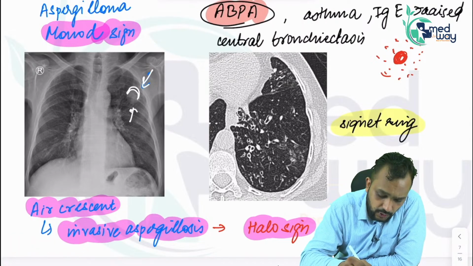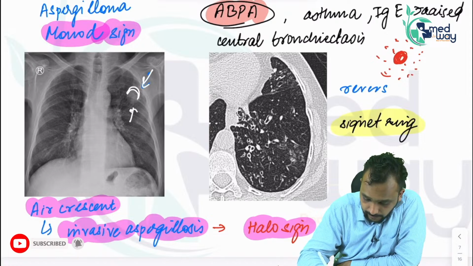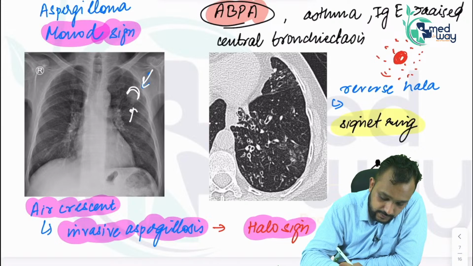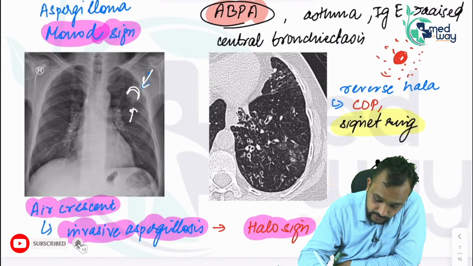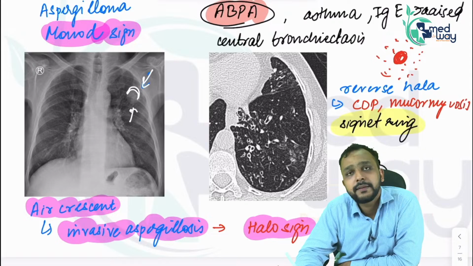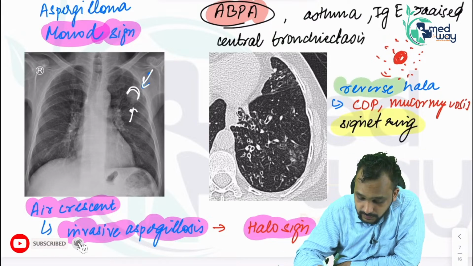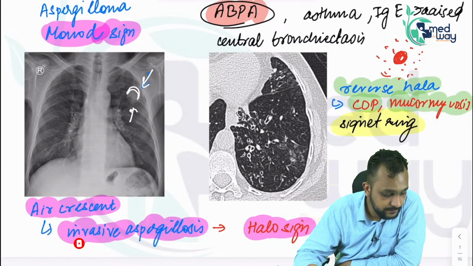And you should also know one more very important sign, which is known as reverse halo sign. So guys, this is seen in patients with cryptogenic organizing pneumonia and mucormycosis, right? Just remember this sign also, reverse halo sign, right?